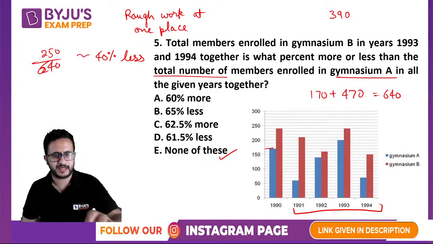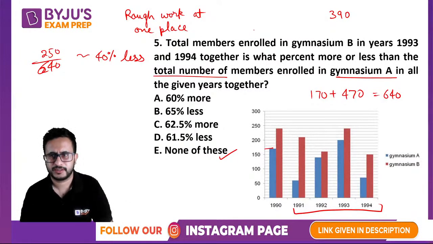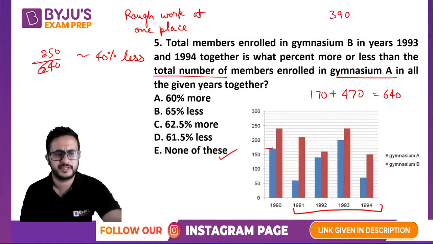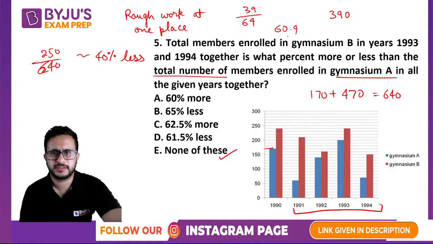Either they asked the wrong thing, or anyway, in that case, if you want to calculate 390 by 640, even then you will not get any of these values, right? 39 by 64, that would be, 36 is 384, 60.9 something, right? So you will not get any of these values.